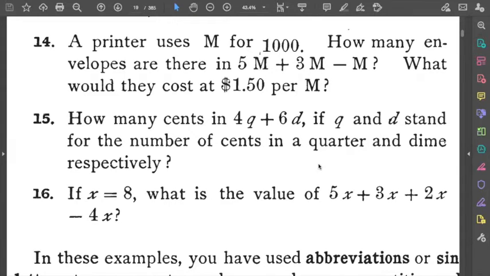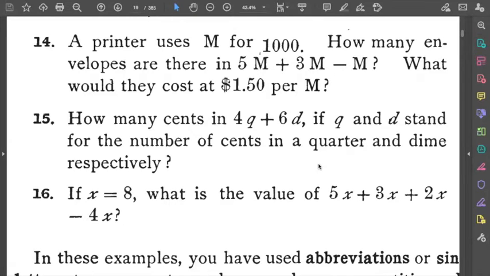A dime is equal to 10 cents, and a quarter is equal to 1/4 cents. So use 10 and 1/4 to find the value respectively.